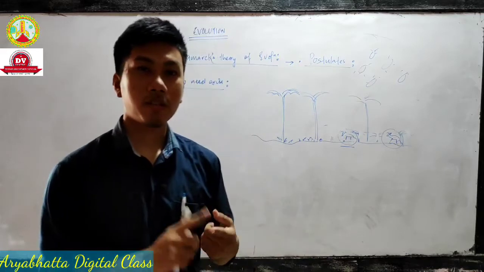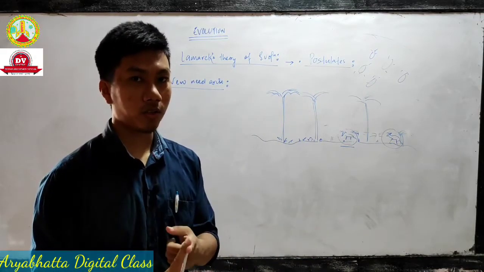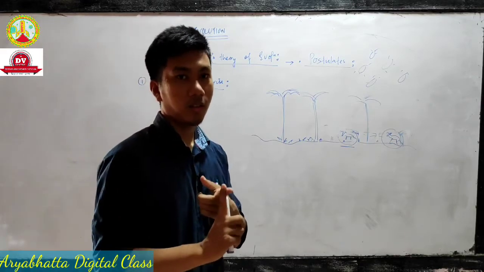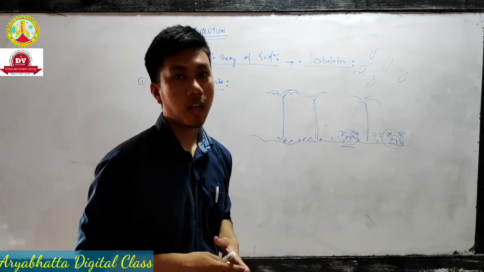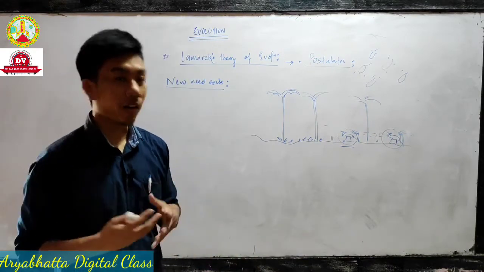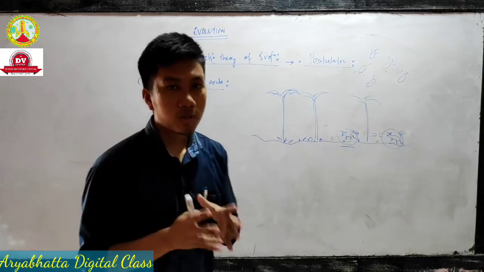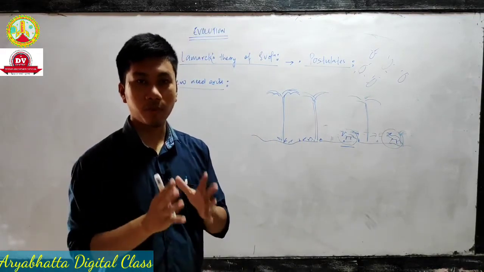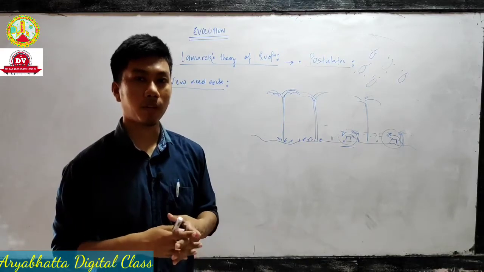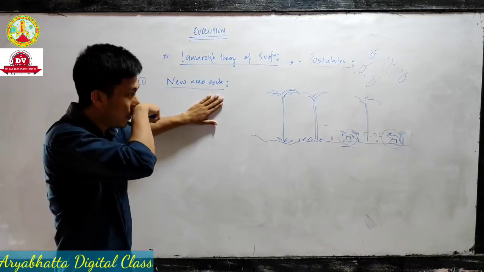Due to the adverse change in climatic condition, all small trees got destroyed. As a result, a new need has arisen for the animals which feed on the leaf of small plants.